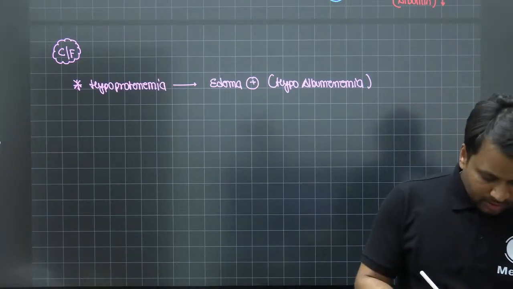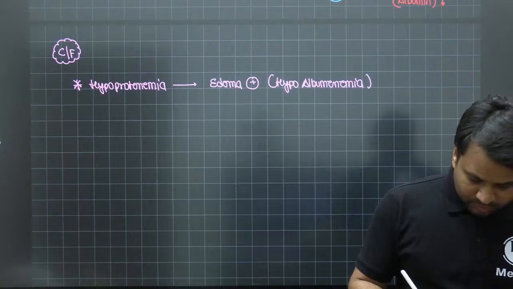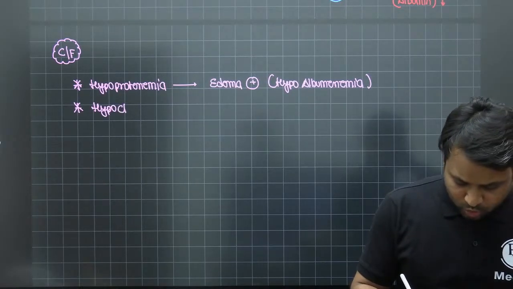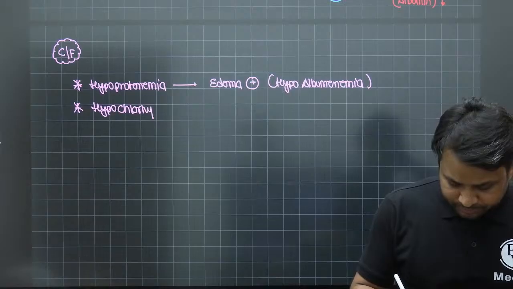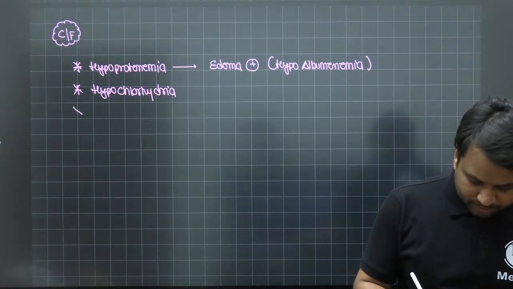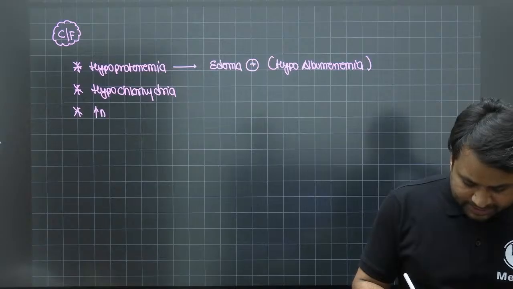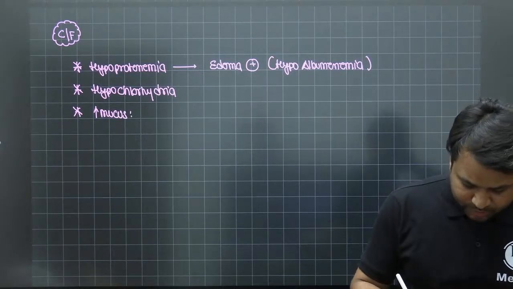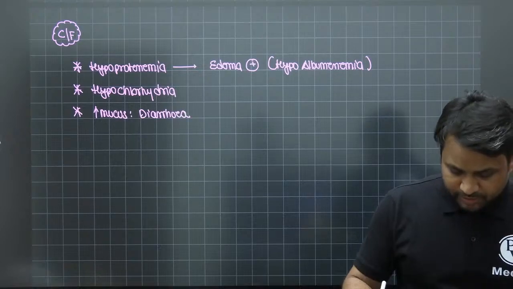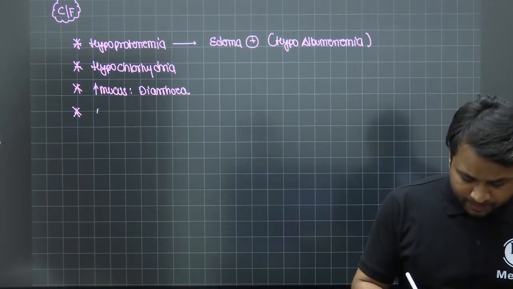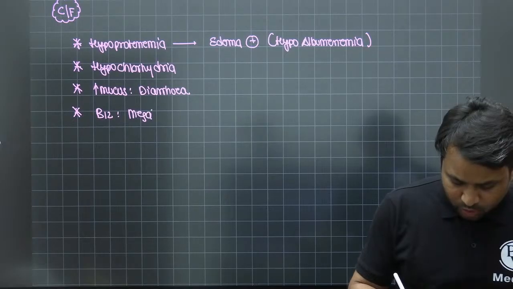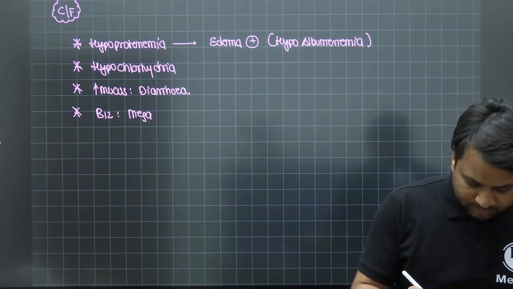Okay. Now, apart from that, it is going to be associated with hypochlorhydria. There will be excessive mucus secretion, which will present with diarrhea. There will be B12 deficiency, which is associated with megaloblastic anemia.